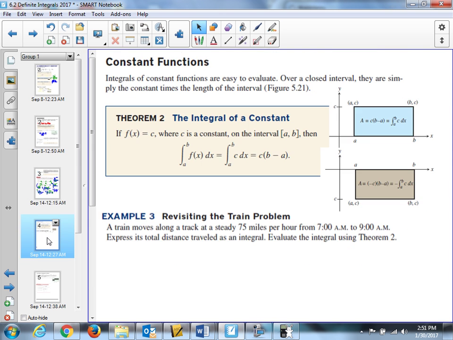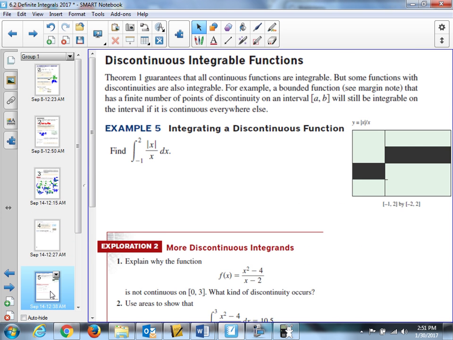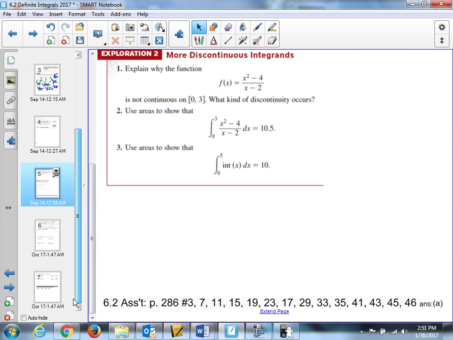Now, what did I ask to do this time? 3, 7, 11. By the way, 7 and 11, they're constant functions, so they're just going to give you a rectangle. A height of 5 for 7, for example. 11. 15. That's a semicircle. 19.